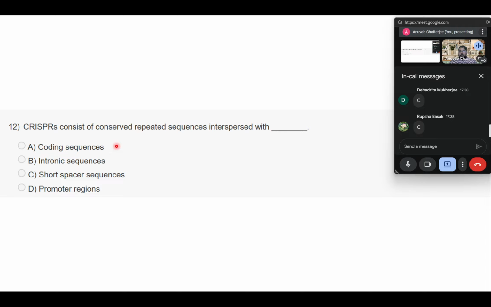So, it consists of which of the following: coding sequences, electronic sequences, short spacer sequences, or promoter sequences. You put in whatever you think is the correct option.